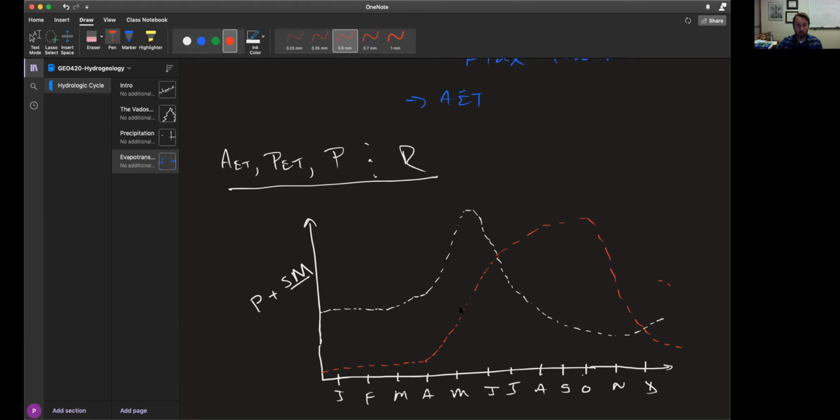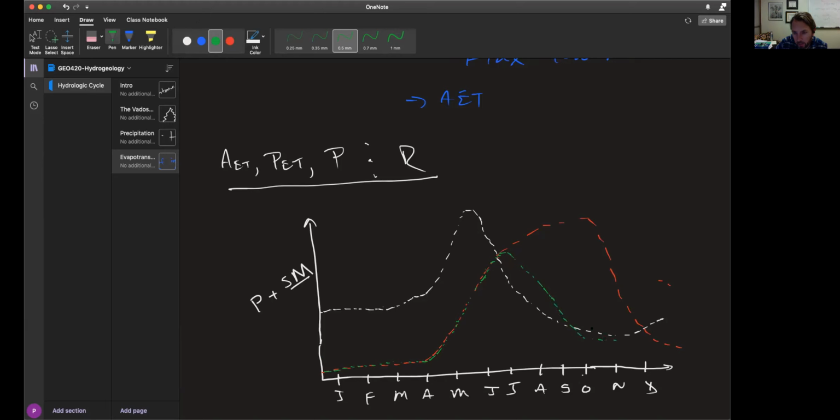Okay, so let's think about what AET would do. AET would be low here and be equal to PET here, and then it would probably even increase. I'm not moisture limited, so it would increase along with the PET until conditions started to get much drier, and then you would see the AET come back down.